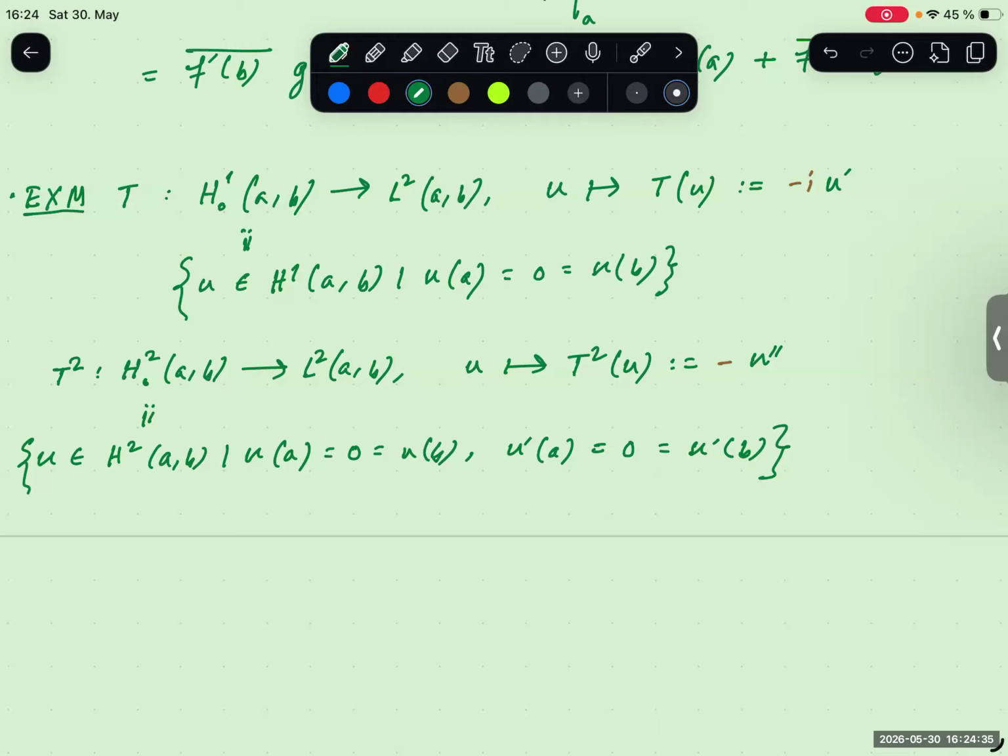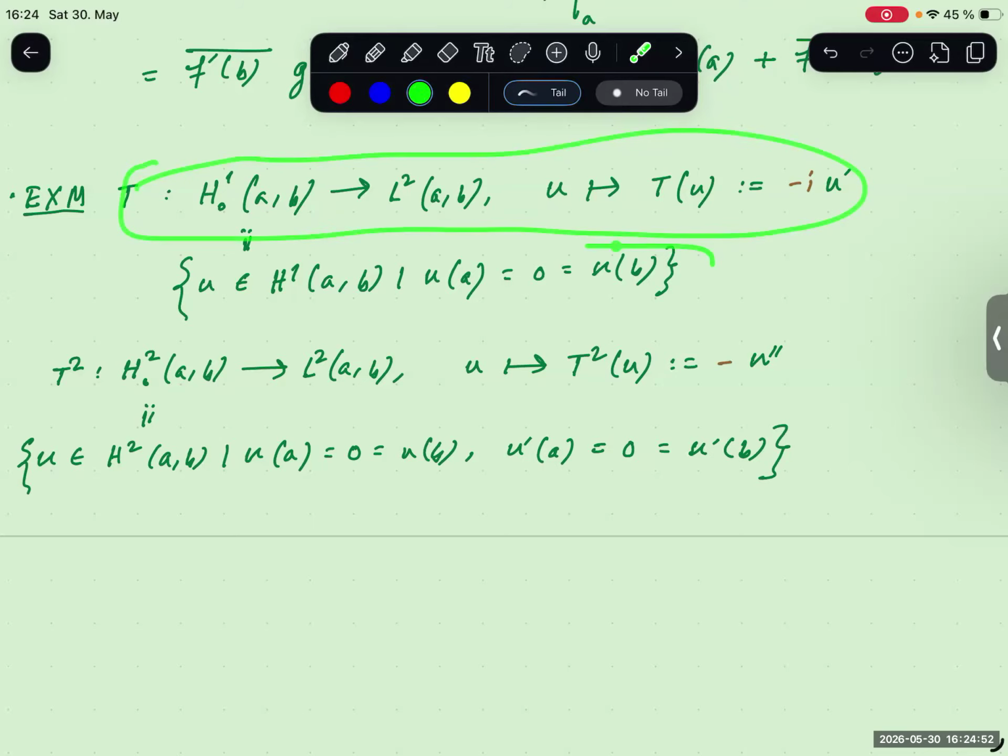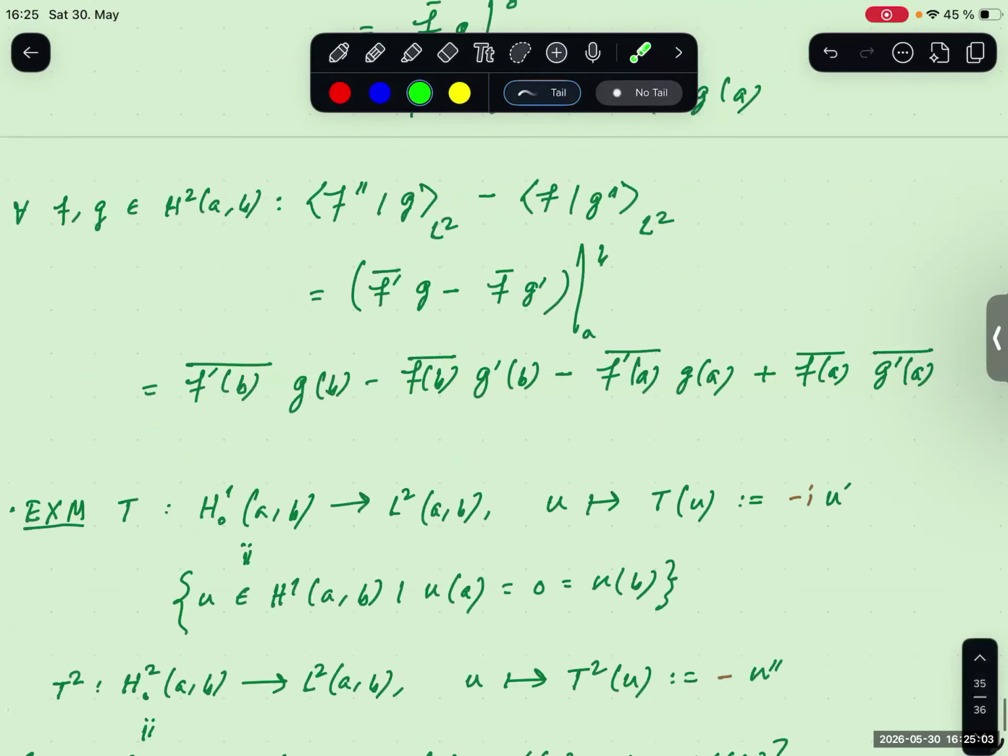Okay, so any questions? Why is integration by parts needed to define the operator? It is not needed to define an operator because, as you have seen, this is the definition of this operator, and we haven't used integration by parts, right? But maybe you want to ask why we are then concerned with integration by parts.